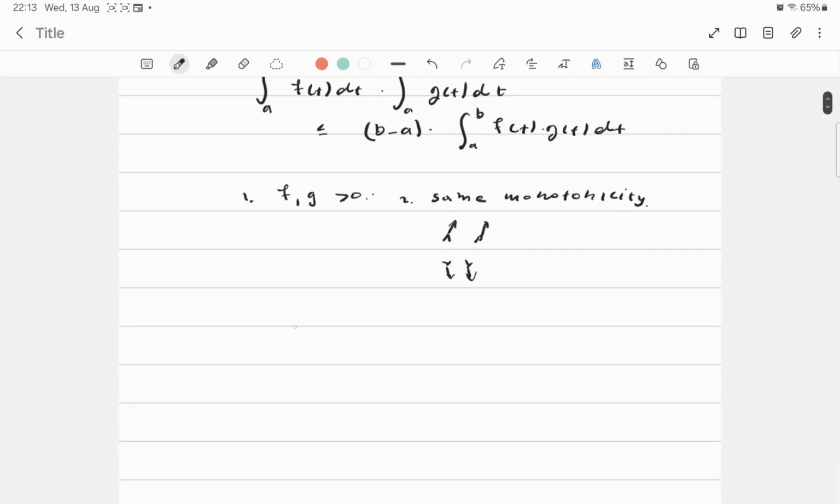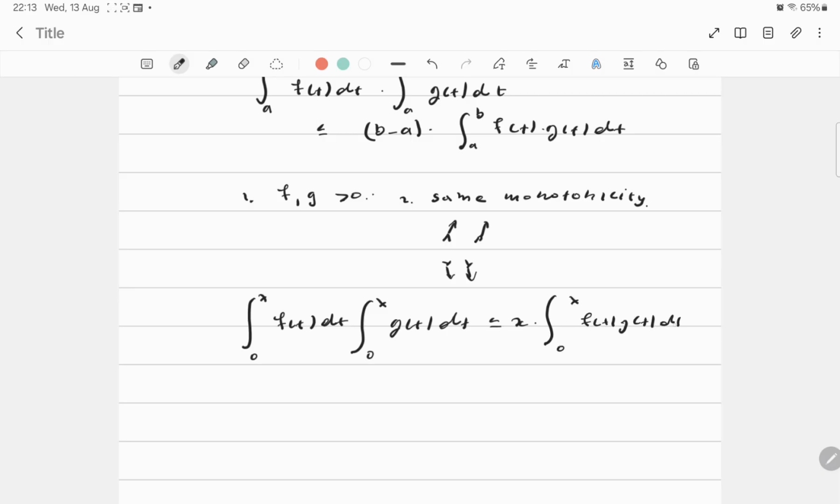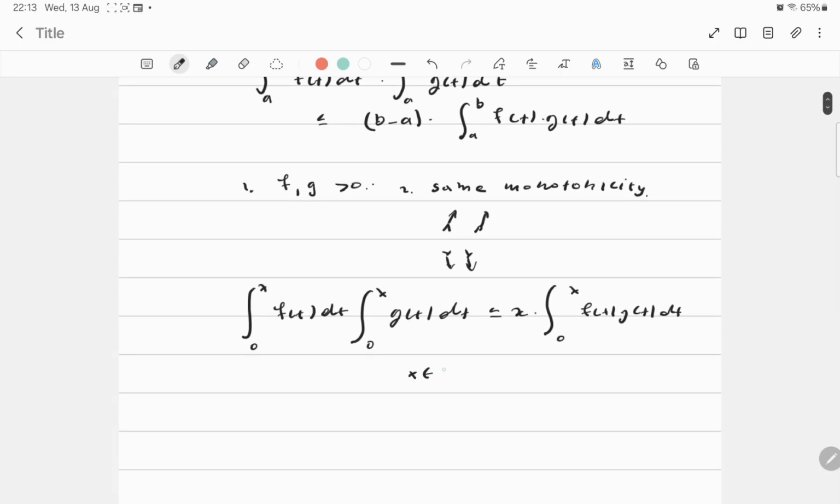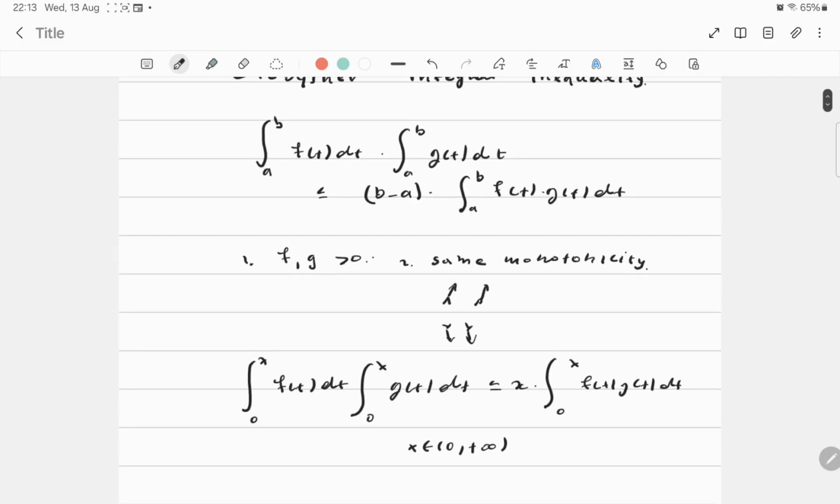So let's consider two functions. Here we're going to adapt the Chebyshev inequality like this.